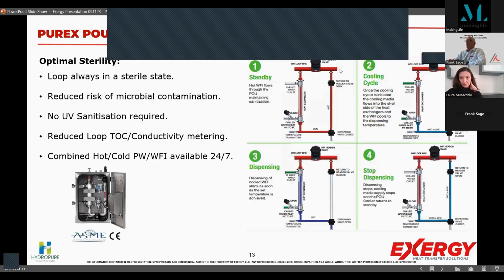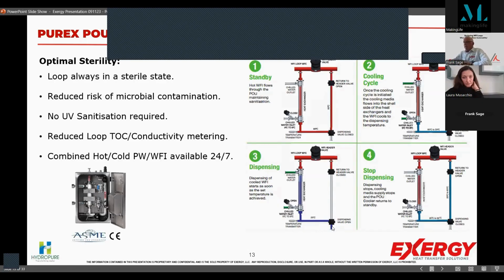You have your main WFI loop here. We have a header valve, which creates a back pressure through a subloop, maintaining sterility through that subloop at all times. And during the cooling cycle, we begin to introduce chilled water through our heat exchanger. And within 30 seconds, we get to dispense through our dispensing valve here.